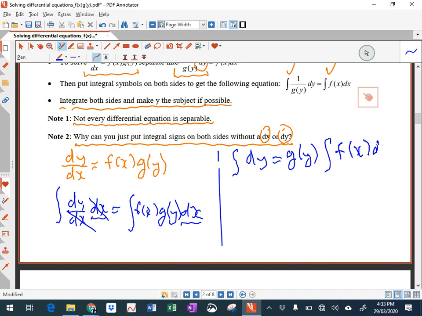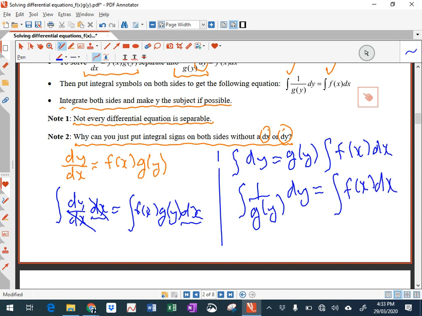Then if I divide both sides by g of y, I'm going to get the integral of 1 on g of y dy equals the integral of f of x dx. So that's mathematically what's happening behind this step here. And it's just quicker to just put the integral signs in. That's essentially what you end up with.